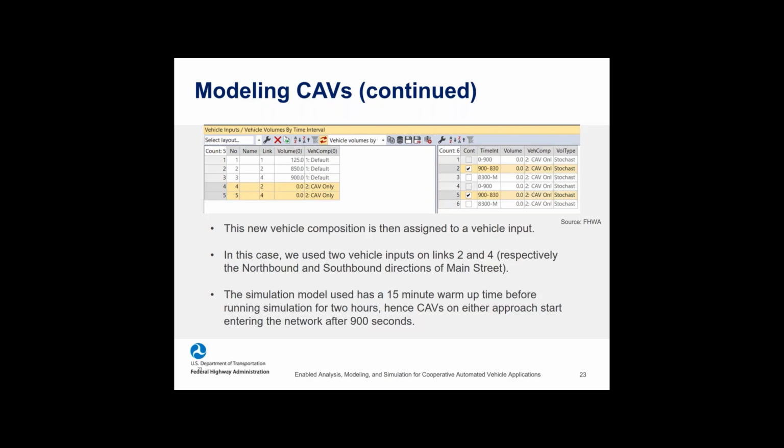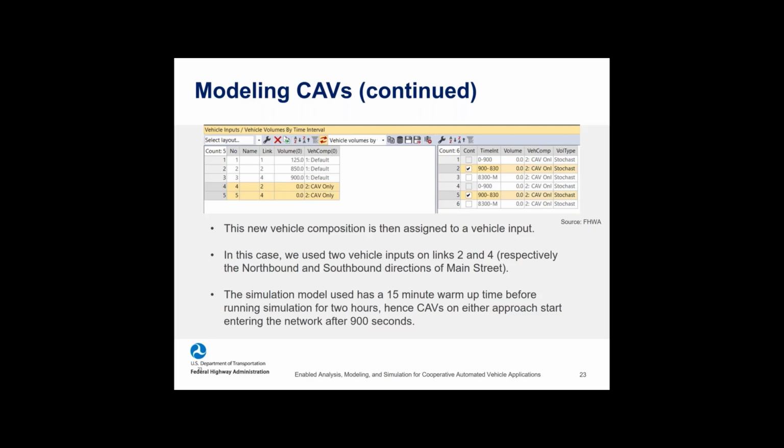In our case, we use two vehicle inputs on links 2 and 4 that are the northbound and southbound direction of Main Street. But what I've done here, just to do this quickly in one simulation run, is change the CAV percentage in one of those inputs, the northbound.